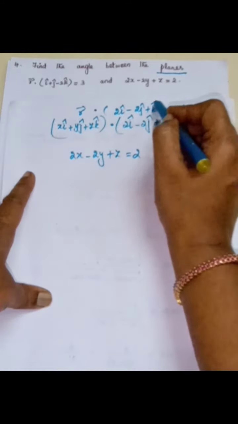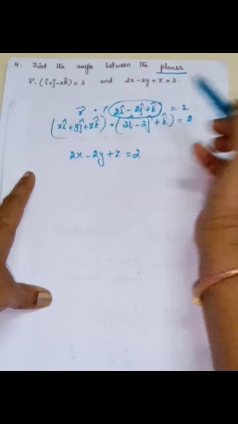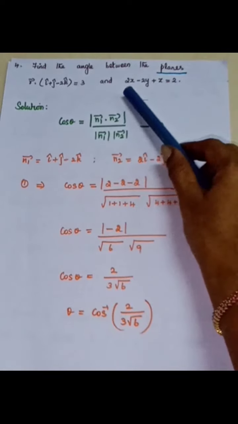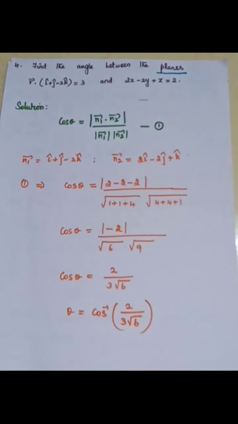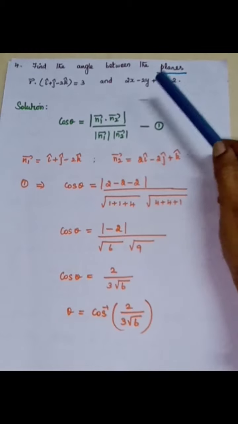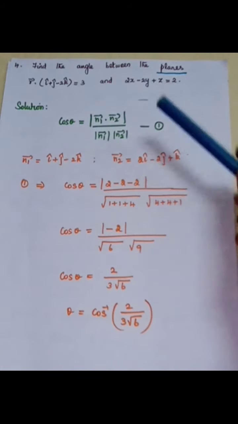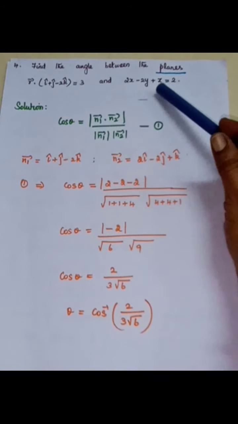So this vector is nothing but the n vector. So therefore the coefficients of x, y, z, if you write in terms of components of i cap, j cap, k cap, that is your n2 vector. So from the Cartesian form of the plane, n2 vector is equal to 2i cap minus 2j cap plus k cap.